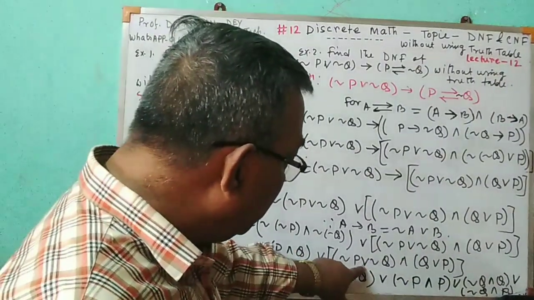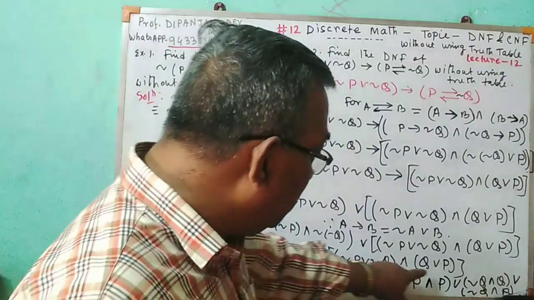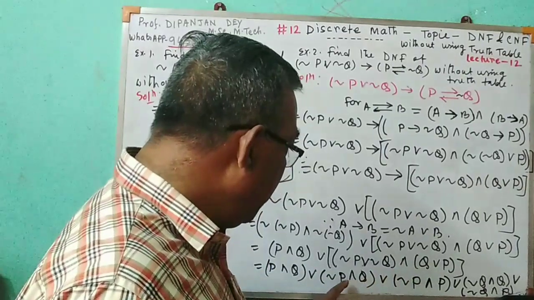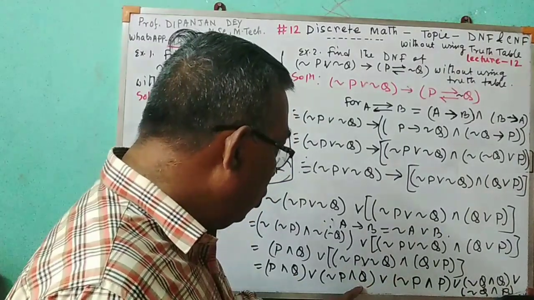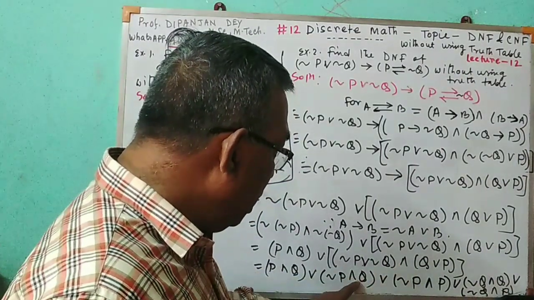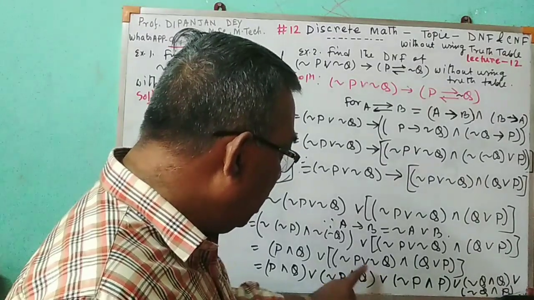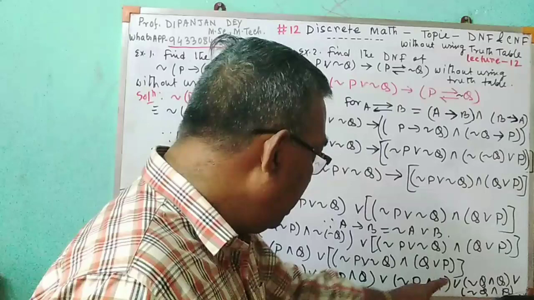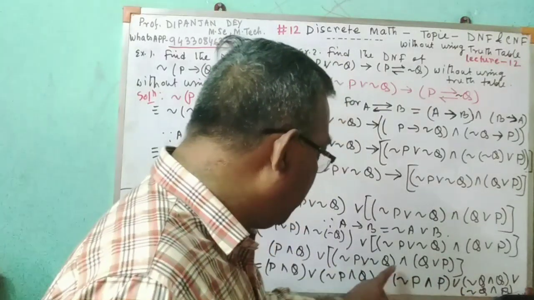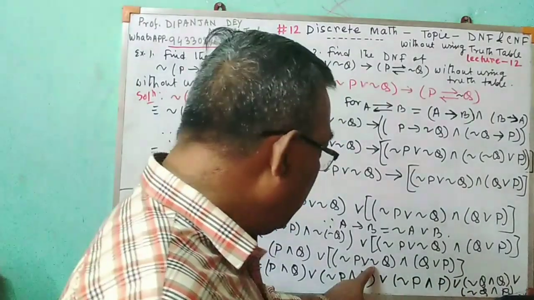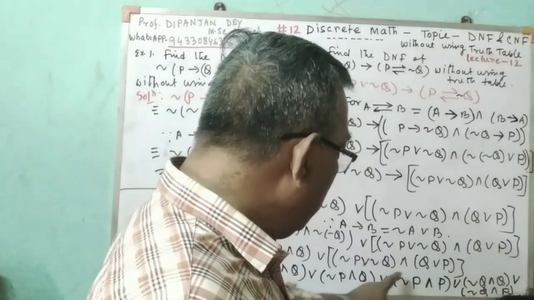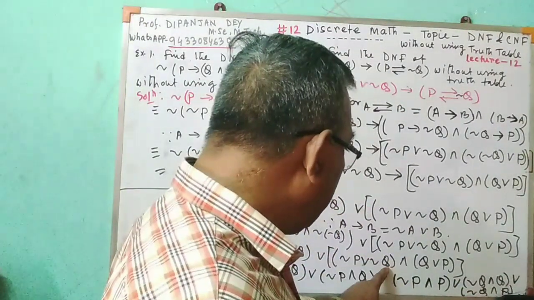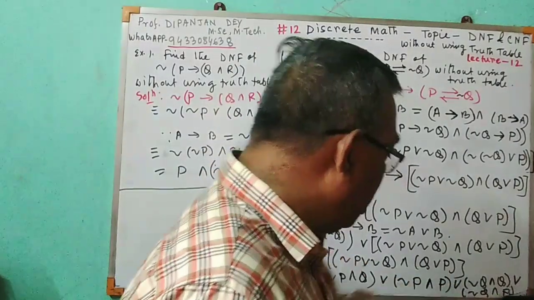Now we are applying distributive law over here. This with this, negation P to Q, this is conjunction, and here is disjunction. Negation P to P, then again disjunction, negation Q to Q, then disjunction, negation Q to P.